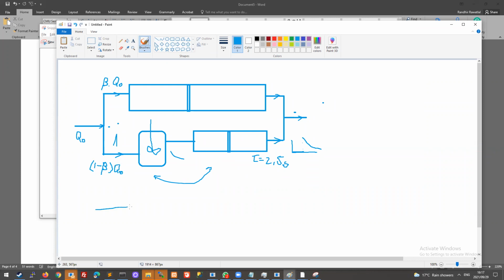We also have in total a total volume of the reactor V naught. And let's define the fraction of volume that goes into this reactor as alpha V naught. And the volume that's in this part will be 1 minus alpha V naught.